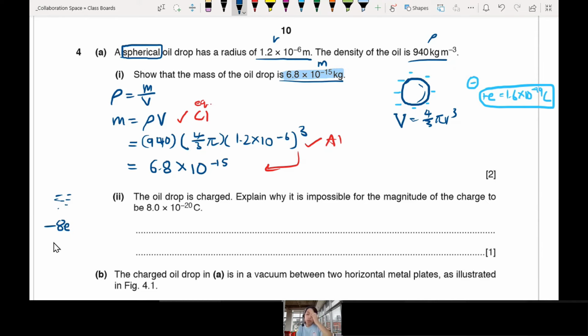You must be a whole number multiple of e. This is too small. So you want to say that the minimum charge is supposed to be e, 1.6 times 10 to the negative 19. That's the reason why this e is called the elementary charge. All charge in the world is a combination of many e's, many electrons together.